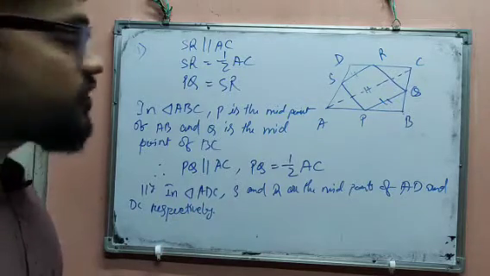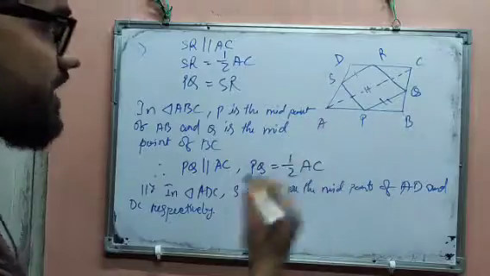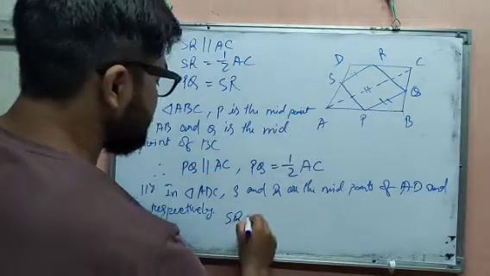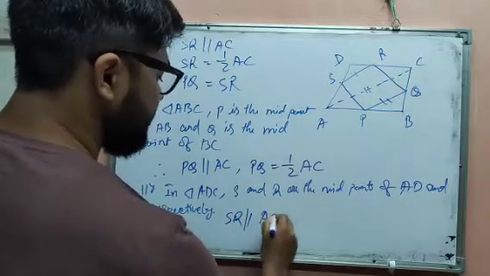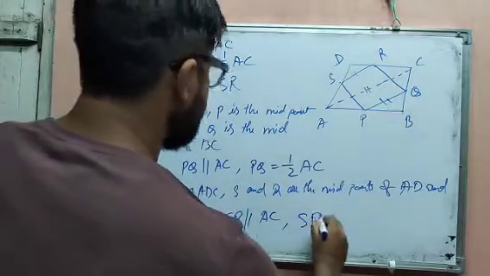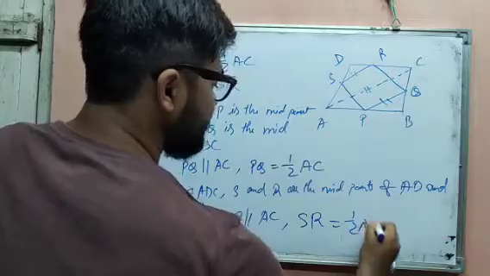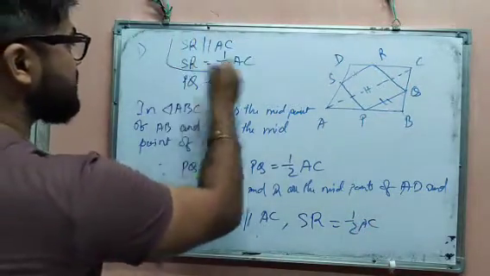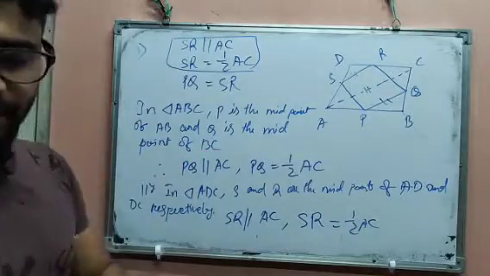So SR is parallel to AC and SR equals half of AC. That is what we were asked to prove, and these first two are now proved.